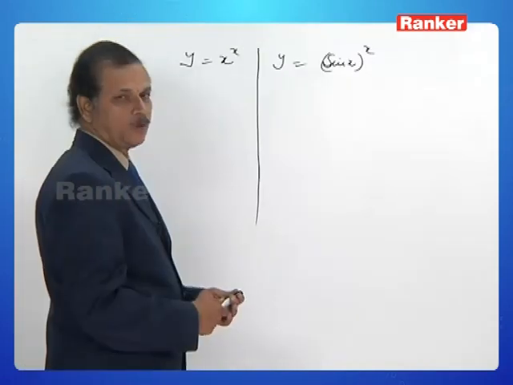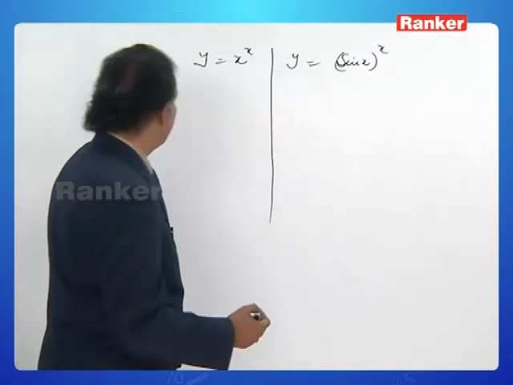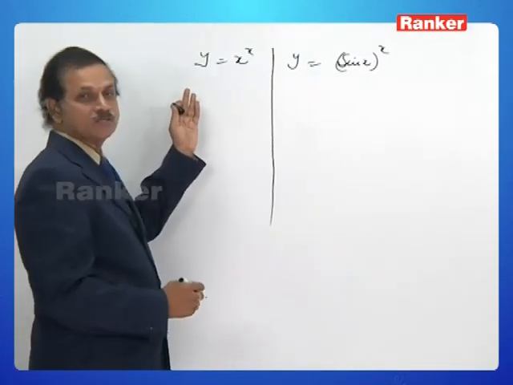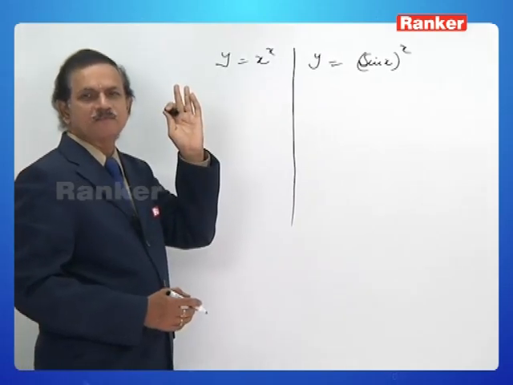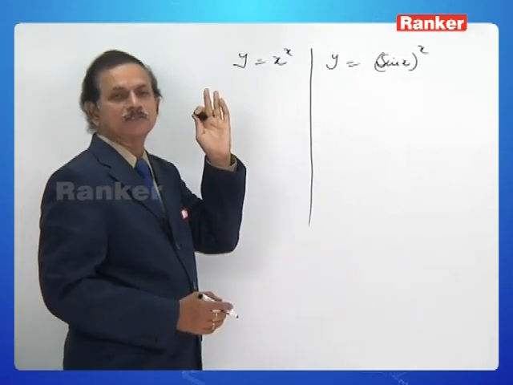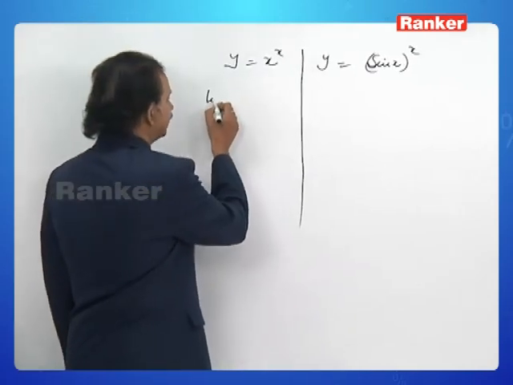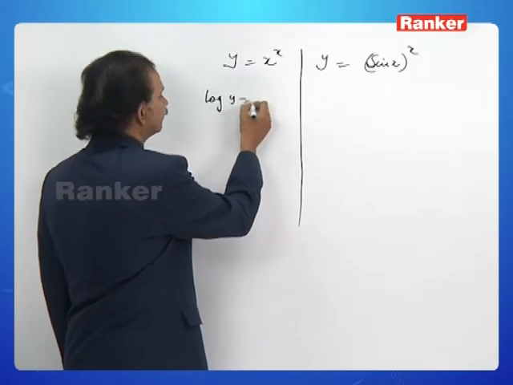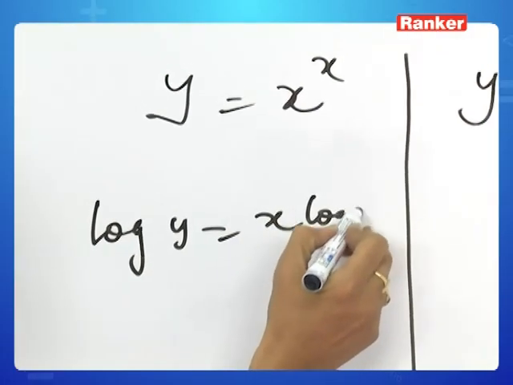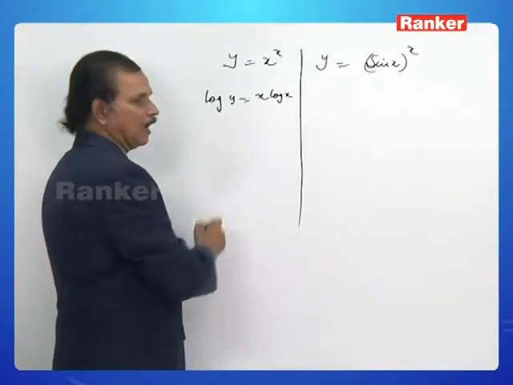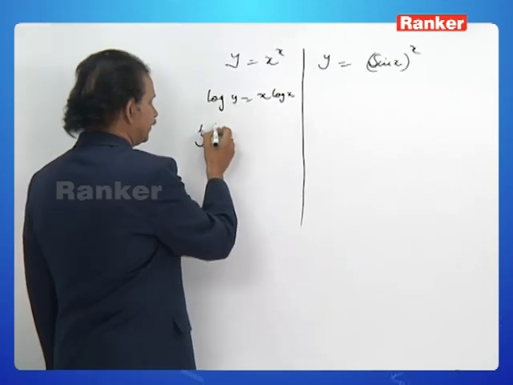As the next one, what is the procedure? Of course, we could have had the answer as a formula in the beginning itself. The derivative of x power x is x power x into 1 plus log x. How is it true? We take logarithms on both sides. Log y, the derivative is 1 by y into y dash.